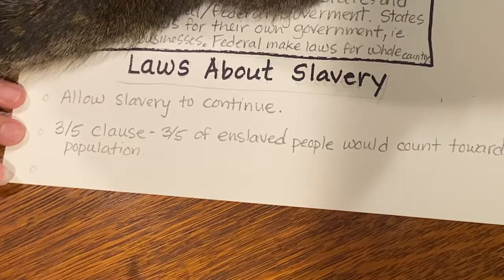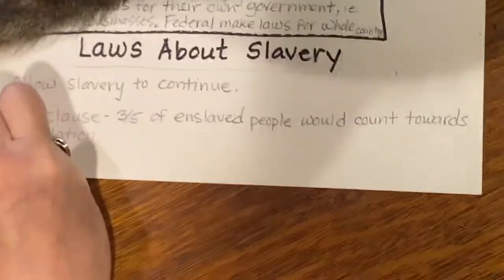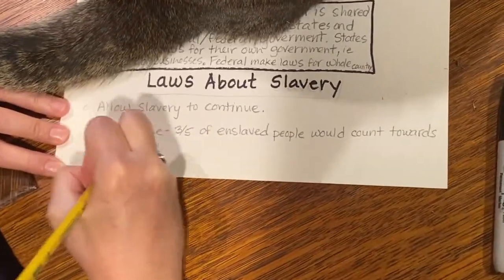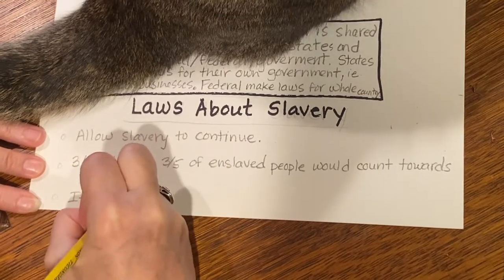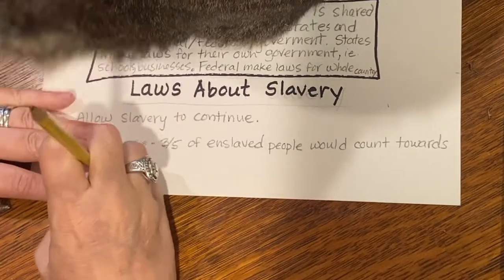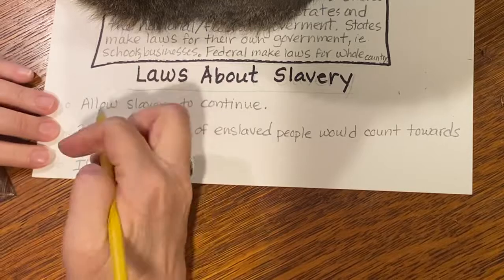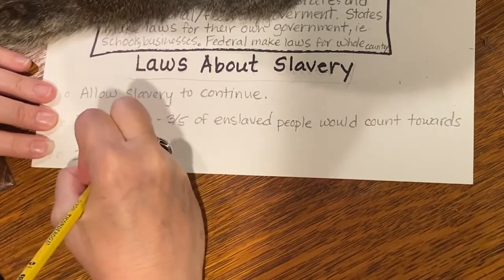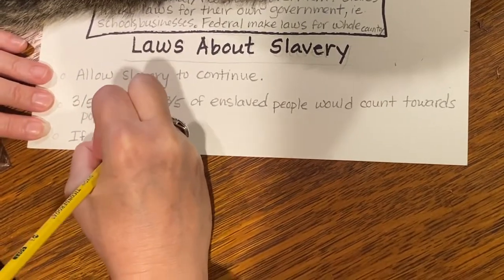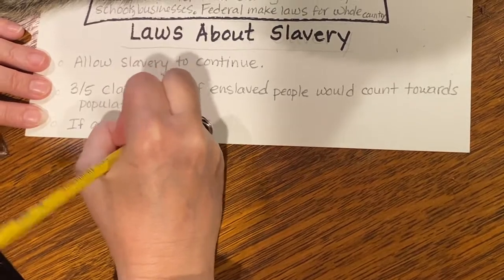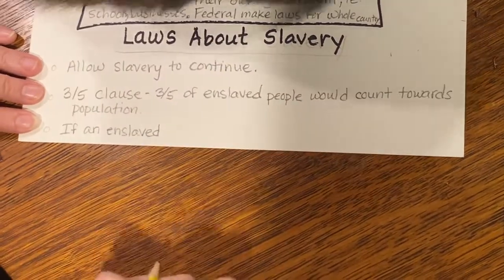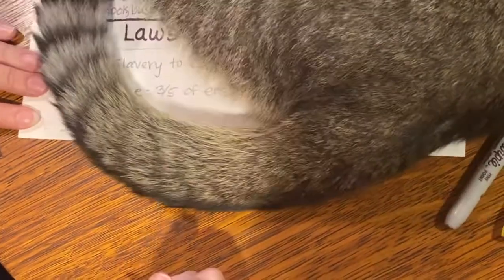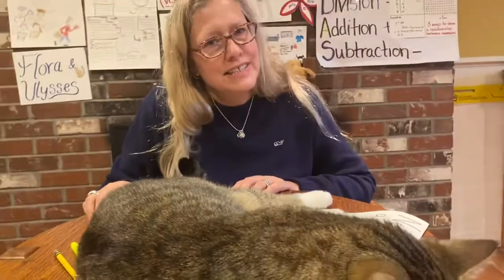Okay, and then the final one is that if a slave, sorry, I don't want to say slave, I want to say enslaved person, because a slave makes it sound like that's just the kind of person that they are. And that's really not it, right?